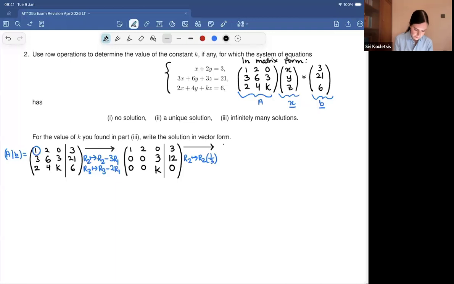Okay, so this is our new row 2. And now we see that we have a leading 1 in row 2, like we wanted.